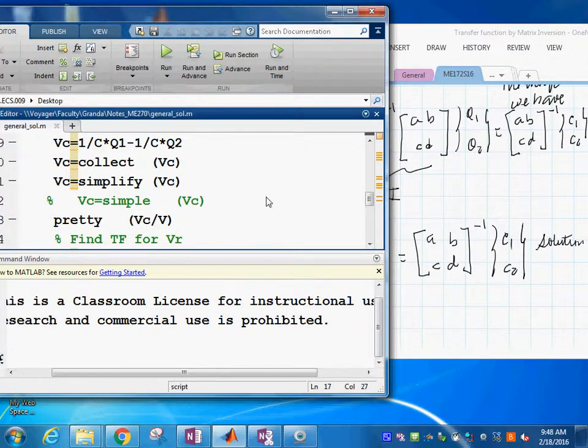I am going to run the file. What does it say? To run this file, you must change the current folder. I would say yes, please do that.